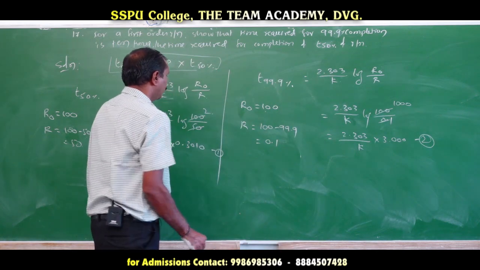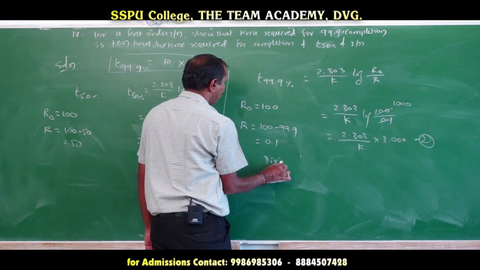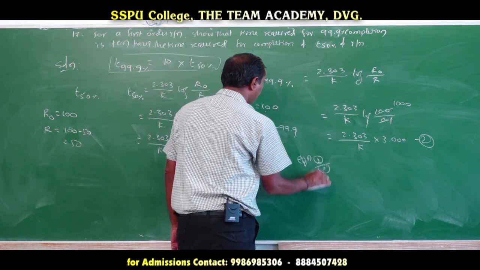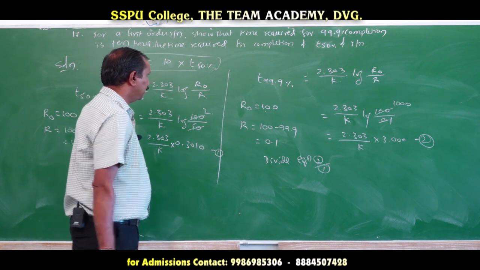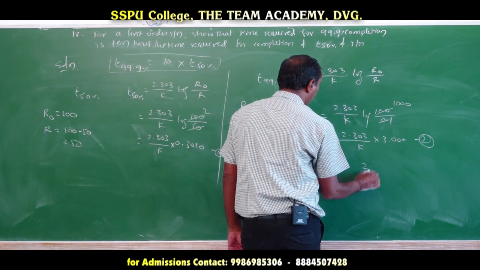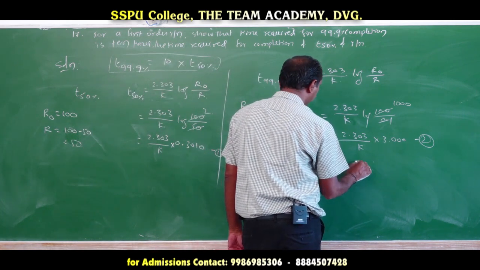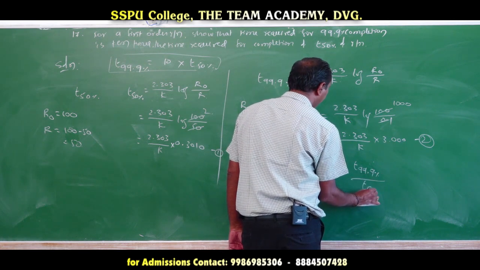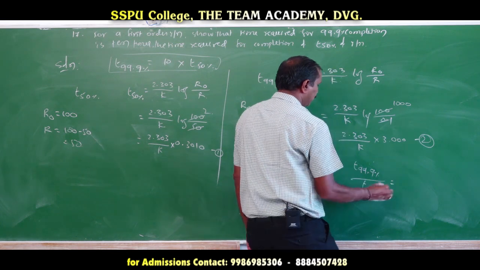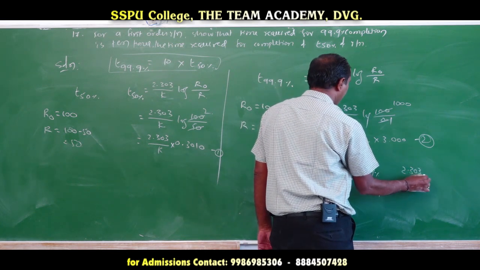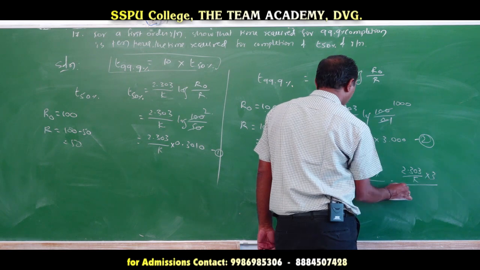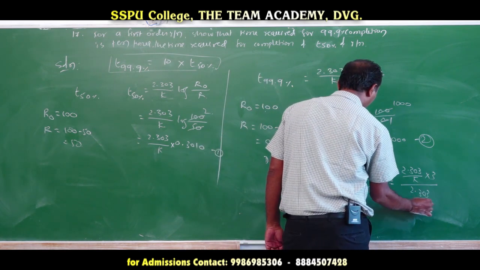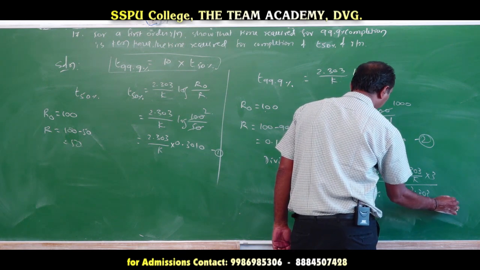Okay. So divide equation 2 by 1. Equation 2 means T 99.9% divided by T 50%. That equals 2.303 by K into 3 by 2.303 by K into 0.3010.